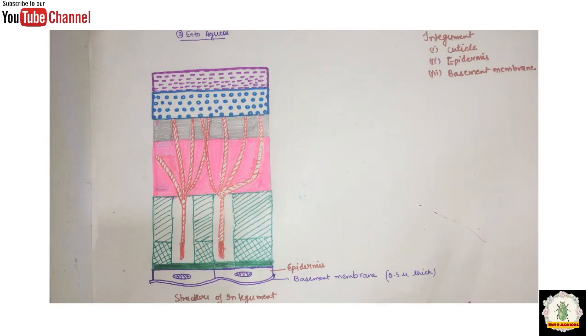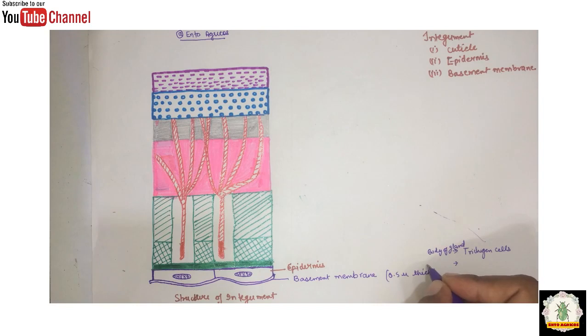The median cells constitute the body of the gland, and they form the trichogen cells, whereas the remaining cells form the body of the gland.